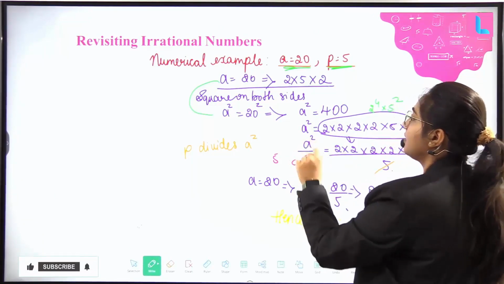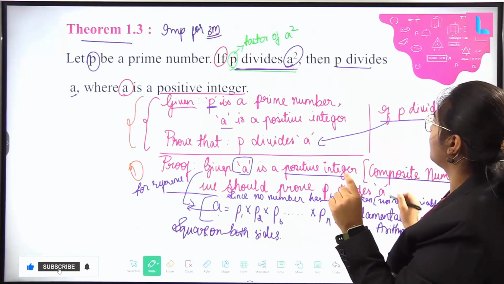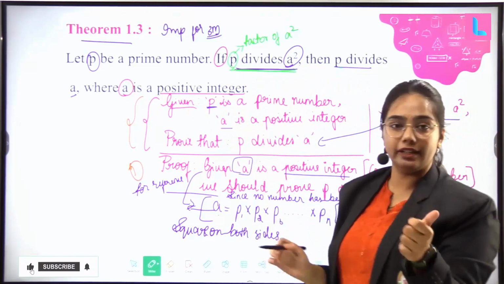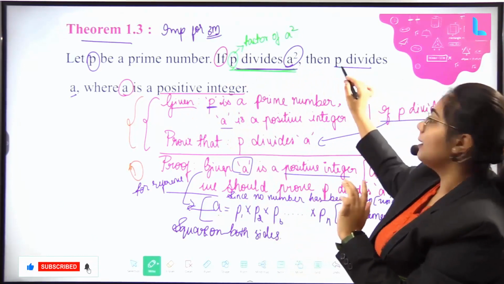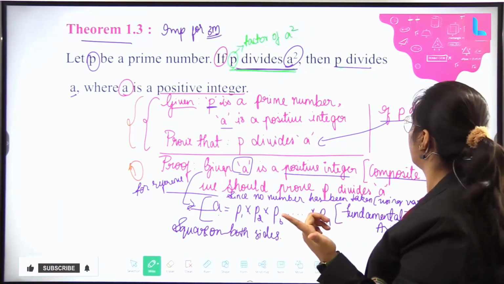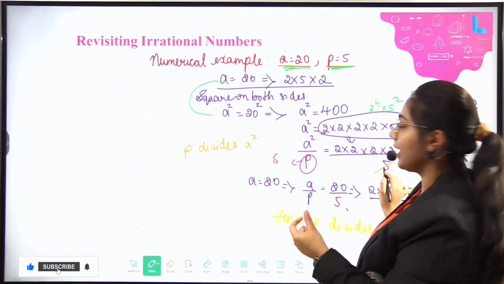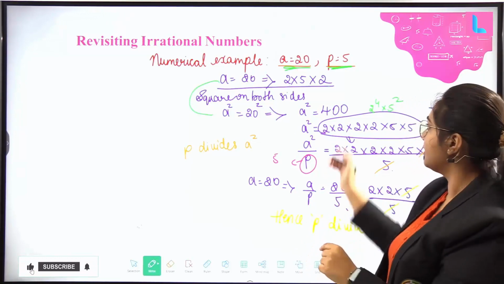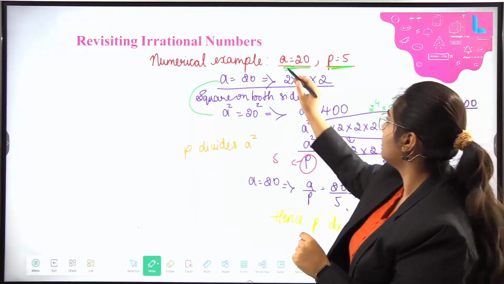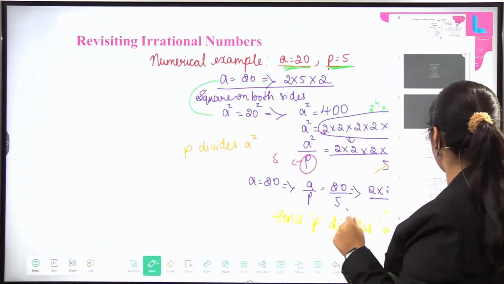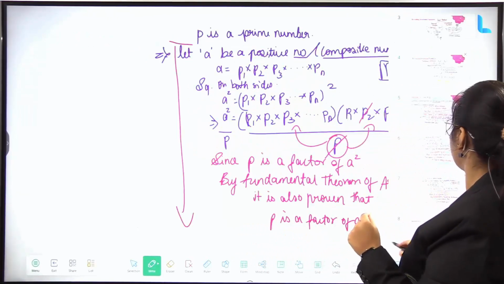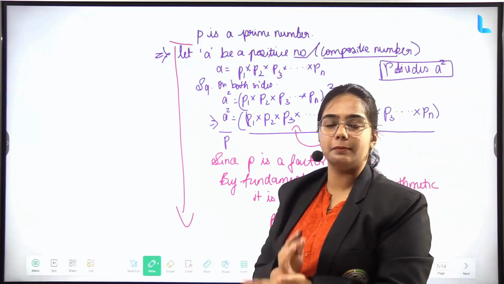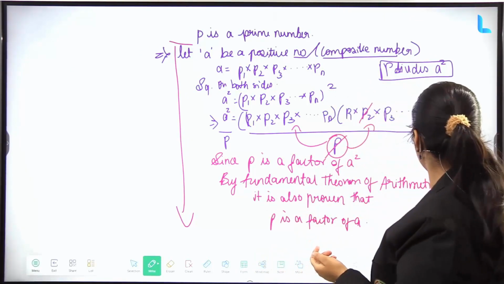You have to see that the theorem is only asking us to show that if P divides A square, then P divides A. If P divides A square, we have to prove that P also divides A. 400 is divided by 5, so we should prove that 20 is also divided by 5. Hence, using this example, we have proven it. This is a numerical example, but the theorem is this. Usually you will not be asked to solve this theorem only, as a 3 marker. You will be asked such questions.